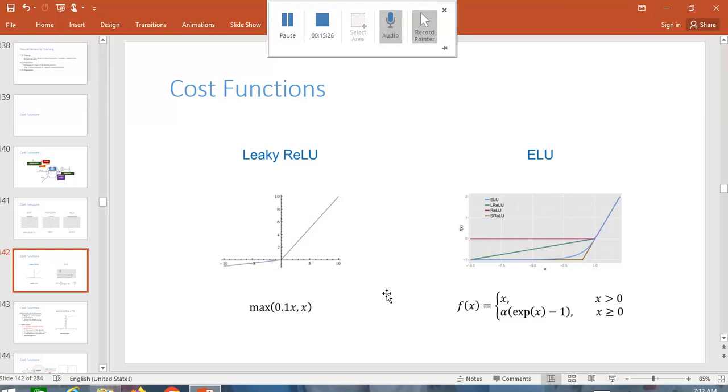Until a few years ago, the function that most people used as the activity function in neural networks was the sigmoid function, which is also called logistic. It was very popular until a few years ago, but now it is hardly used.